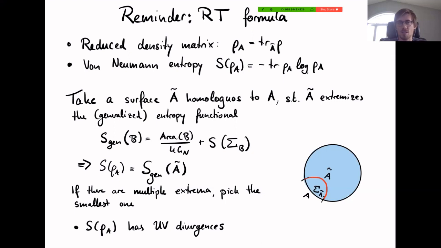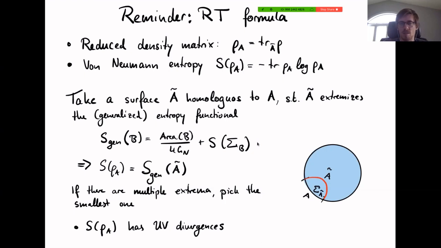And the answer is you take a surface A tilde, as I've called it, I think Raghu called it A star, which is homologous to A. This surface A tilde is supposed to extremize the generalized entropy functional, which consists of the area, and then there are probably corrections if you have not just Einstein gravity, and a contribution coming from the quantum fields inside this region. Now, for our purposes, we can actually ignore this contribution in the following, essentially because it will just be small in our case.